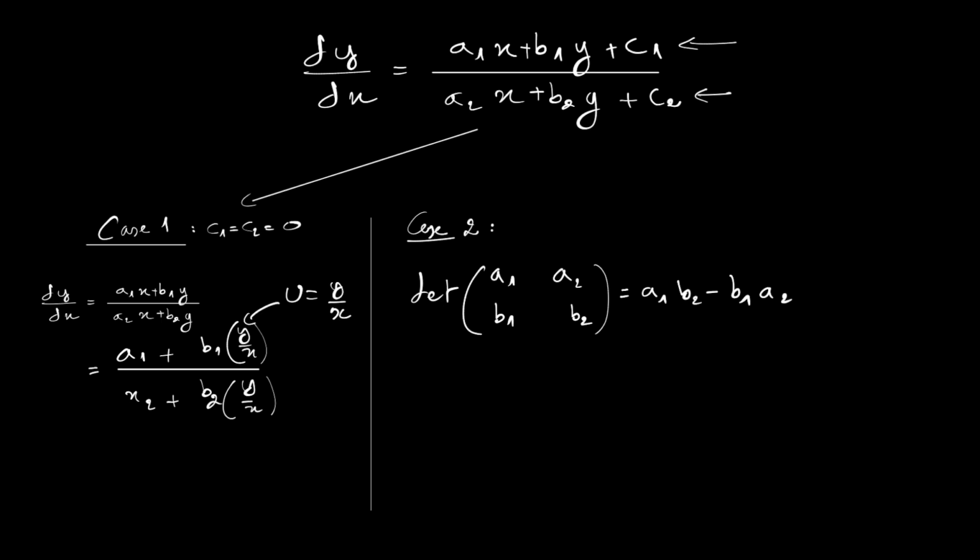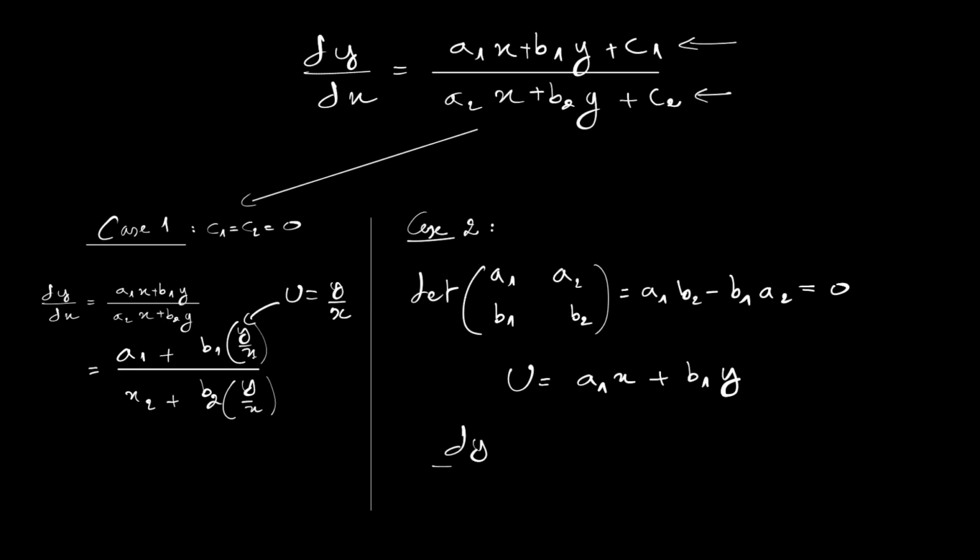And if this determinant is equal to 0, we use the substitution u equals a1x plus b1y. Let's see an example for this case.